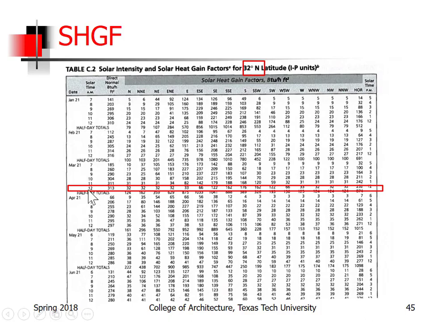So let's assume we just want to know at the highest time of the day, 12 noon on March the 21st, there's 176 BTUs per hour per square foot of glass. So that's how many BTUs of energy in the form of light strike that surface.